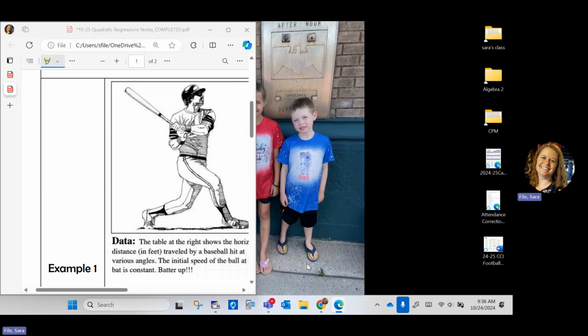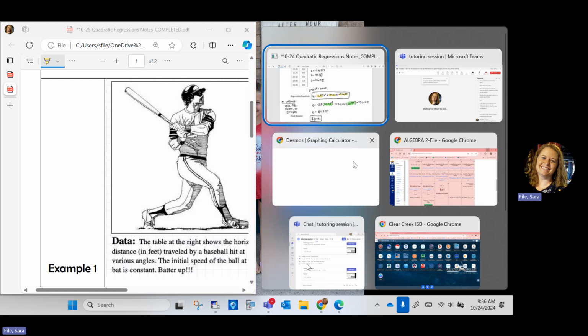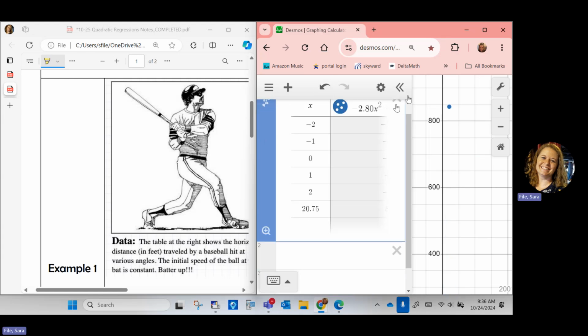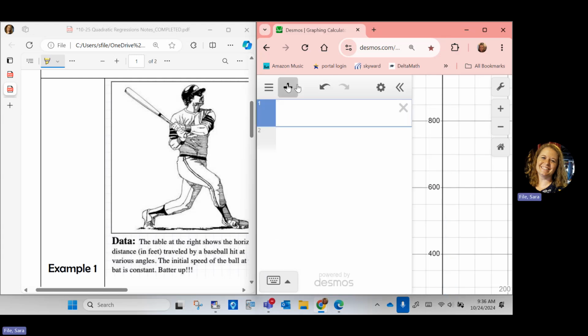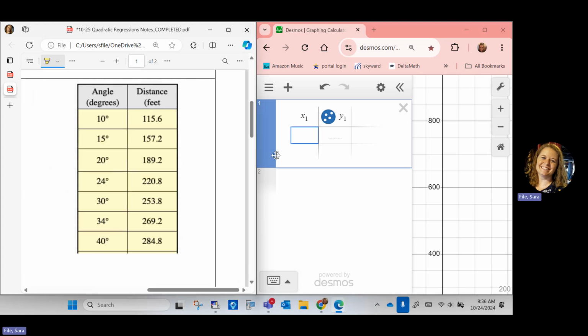So let's go ahead and get back in Desmos and clear out the stuff from the last problem. I'm going to add a new table, and I'm going to put in this data.